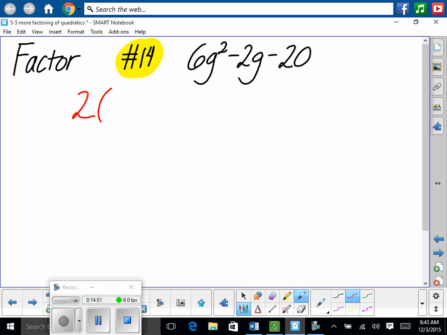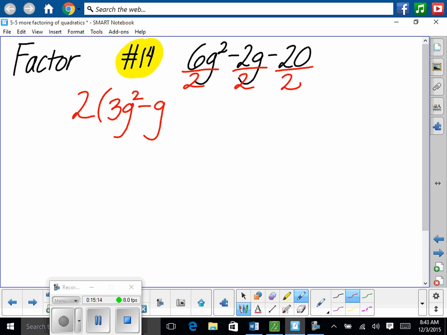Okay, so when I factor out a 2 in the beginning, I divide each thing by 2. And let's see what we get here. 6g squared divided by 2 is 3g, right? And then negative 2g divided by 2 is negative g. Is everybody following what I'm doing? 6, 2, and 20 all divide by 2. So I'm pulling out a 2.